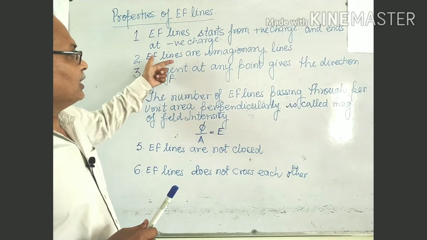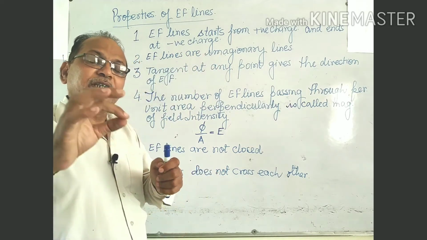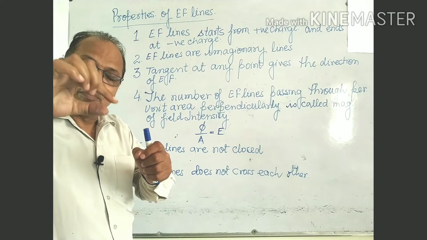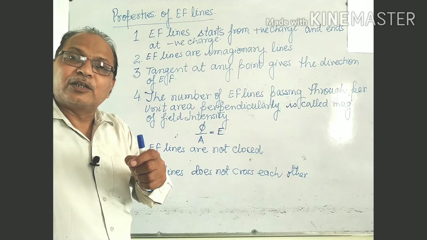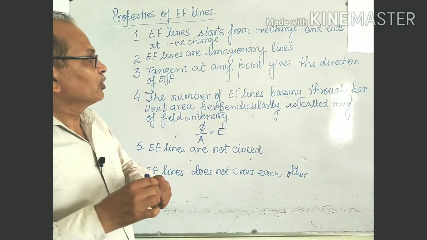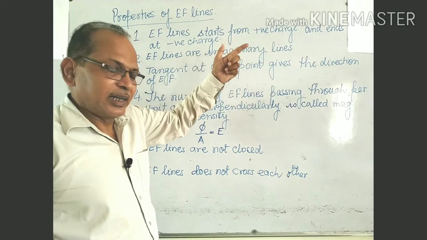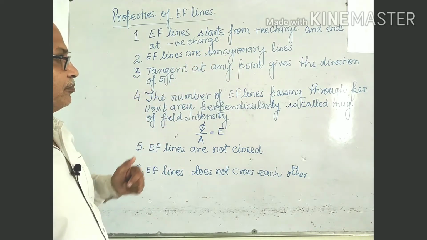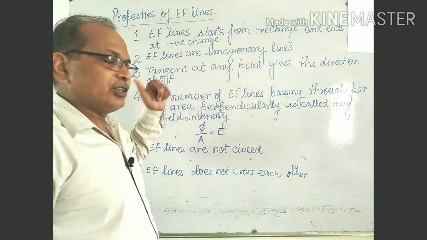Second, electric field lines are imaginary lines because they basically give the path on which the test charge either moves away from the charge or moves towards the charge. So these electric field lines are imaginary lines. Third, the tangent at any point gives the direction of the electric field.